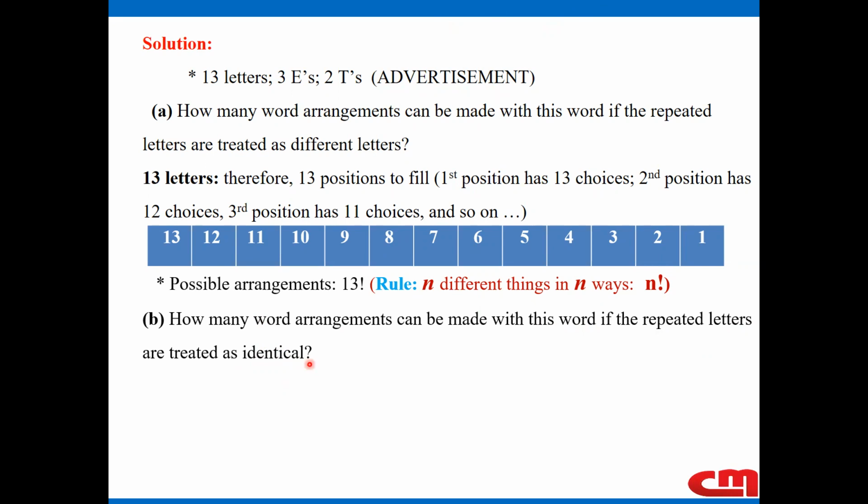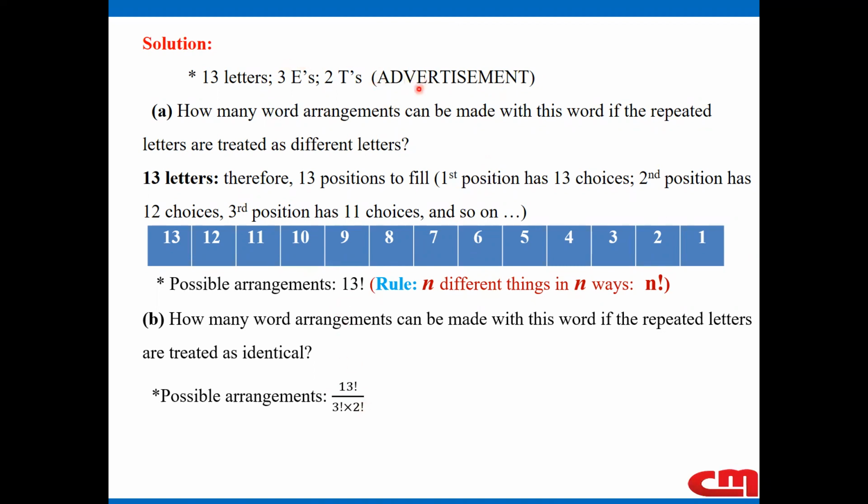So with that now, we need to understand that in this case, the numerator for the rule that you are going to apply, you arrange the given word, right, as if there is no repeating letter. That means 13 letters, 13 factorial over.